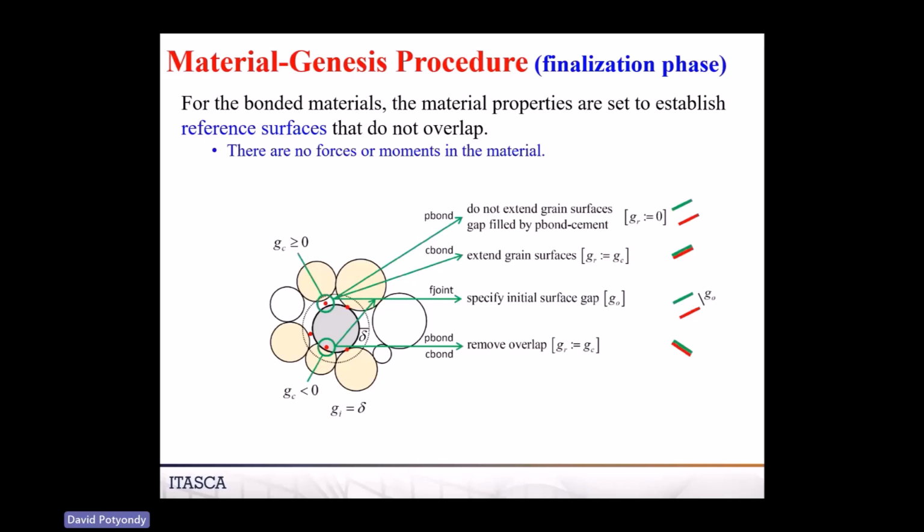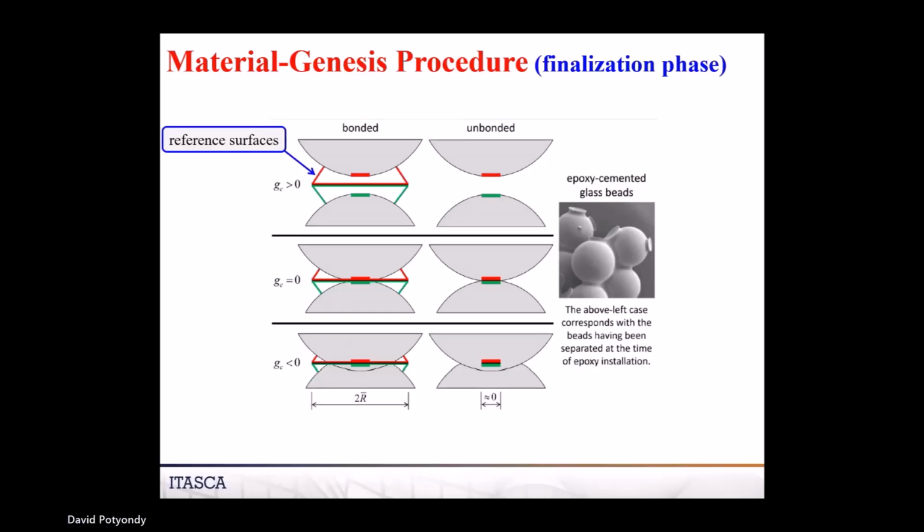So we have a nice clean initial material that doesn't have any locked-in forces. And this is just talking about the parallel bond situation here. Notice in all cases, this is the initial gap, the distance between the surfaces. Here, the distance between surfaces is positive.